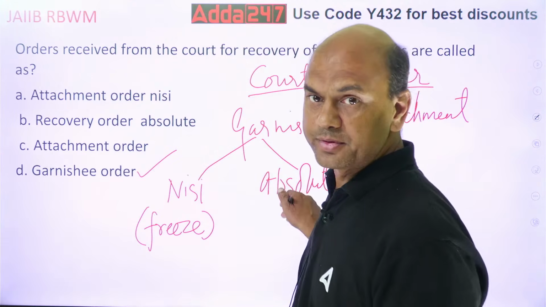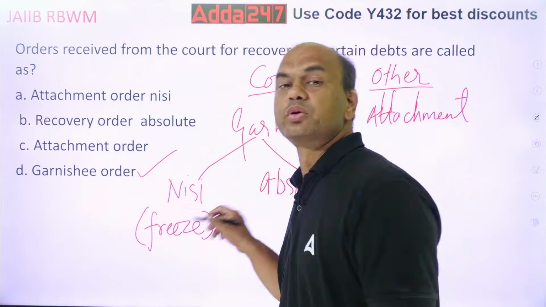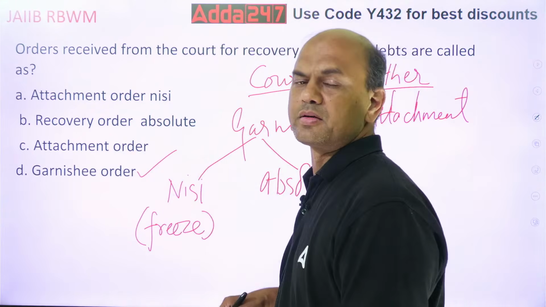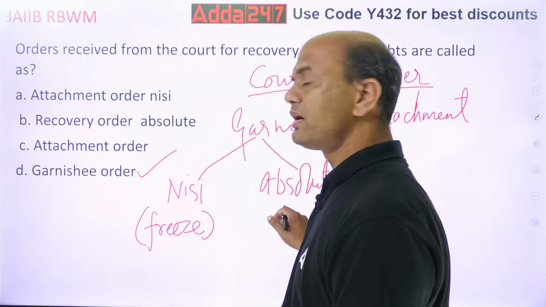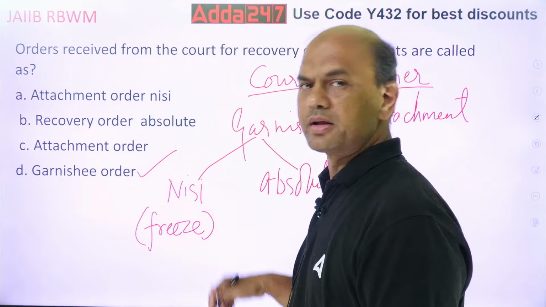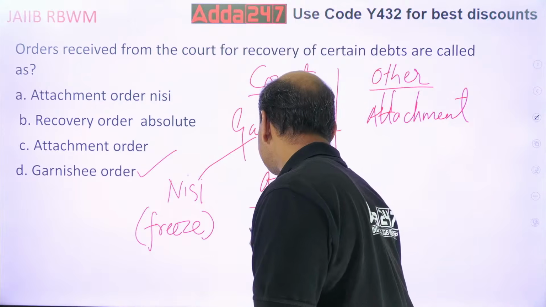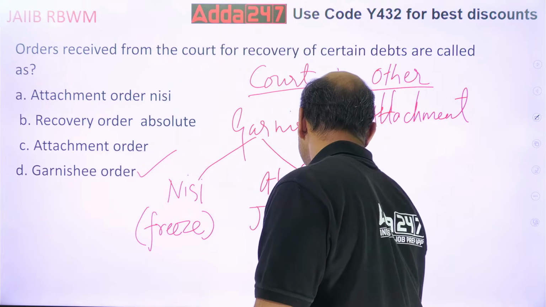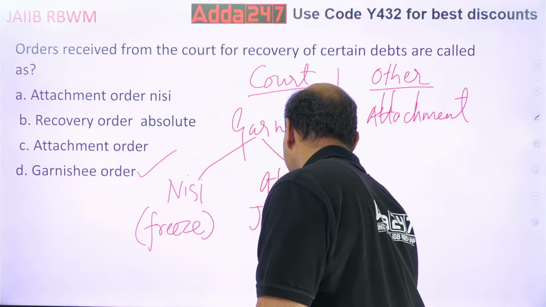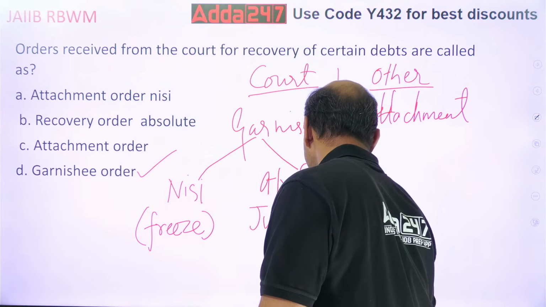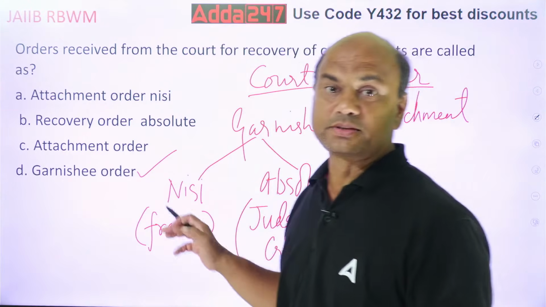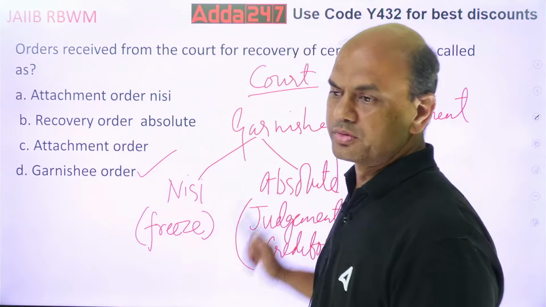And in absolute, it tells to give to the judgment creditor, the creditor who has given you the loan. This is the difference between NISI and absolute.